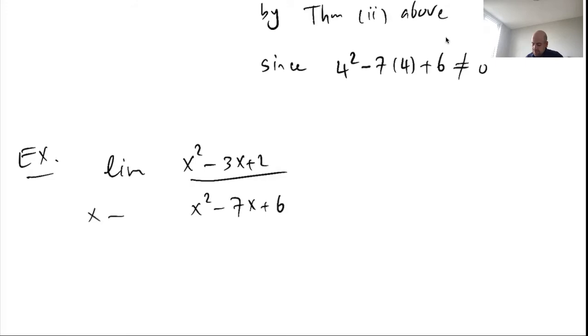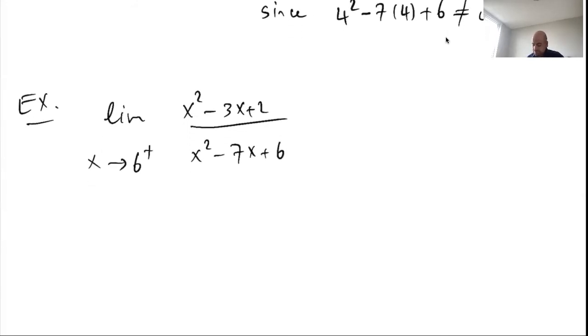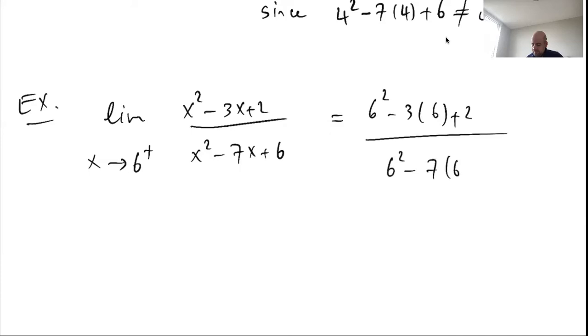This time x approaches, let's say, 6 from the right. x approaches 6 from the right. What are we going to get? First let's replace x with 6. So 6 squared minus 3 times 6 plus 2 divided by 6 squared minus 7 times 6 plus 6.